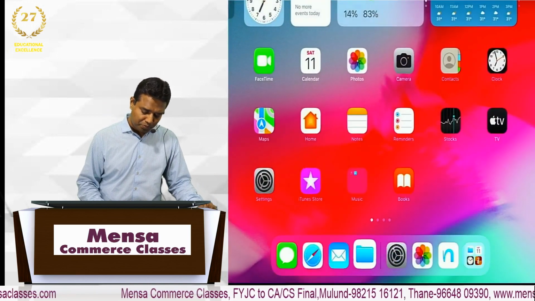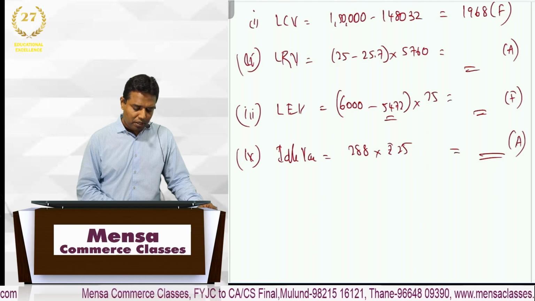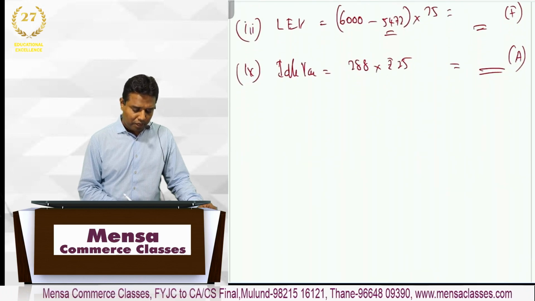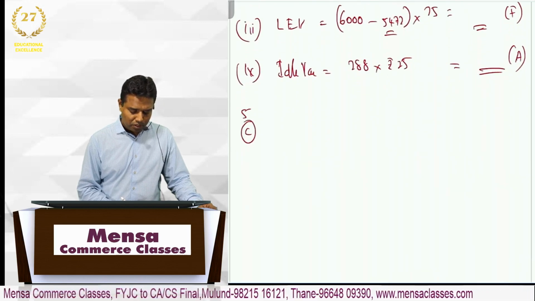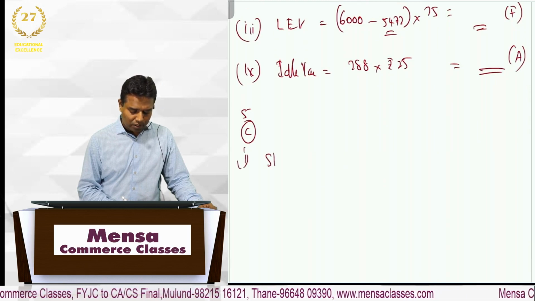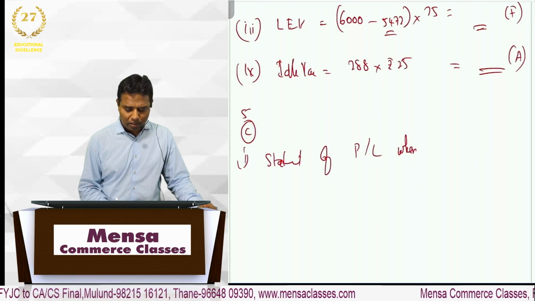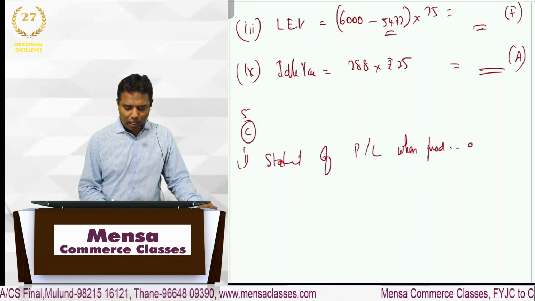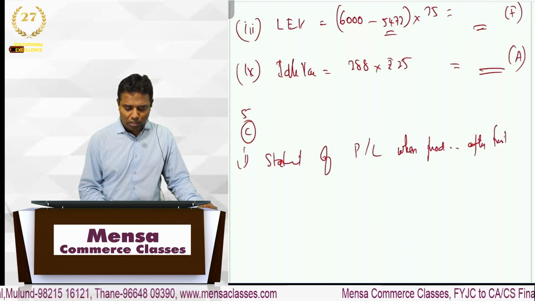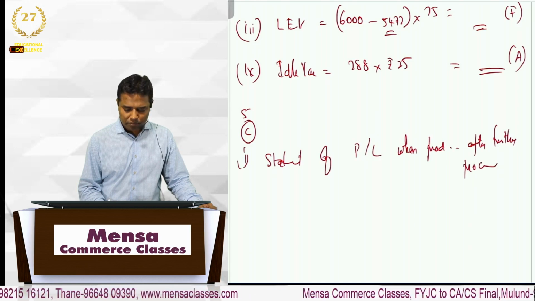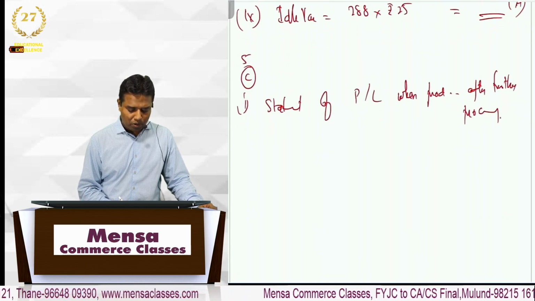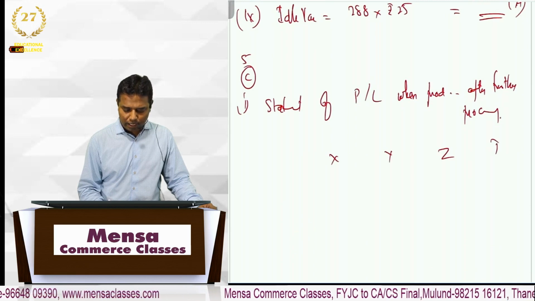Okay, let's do that. Question number 5C, sub question 1, statement of profit or loss when products are sold after further processing. So we'll write particulars X, Y, Z and total.